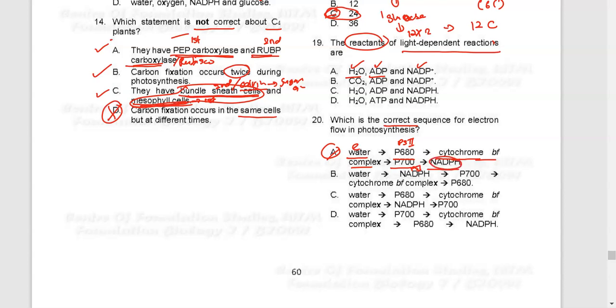During the flow of electrons, the products are oxygen, ATP, and NADPH. The NADPH and ATP produced during the first stage of photosynthesis will be required during the Calvin cycle to produce sugar.